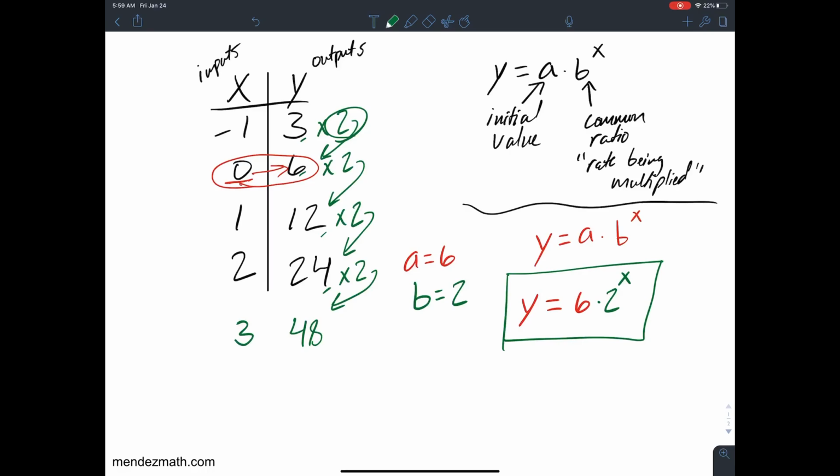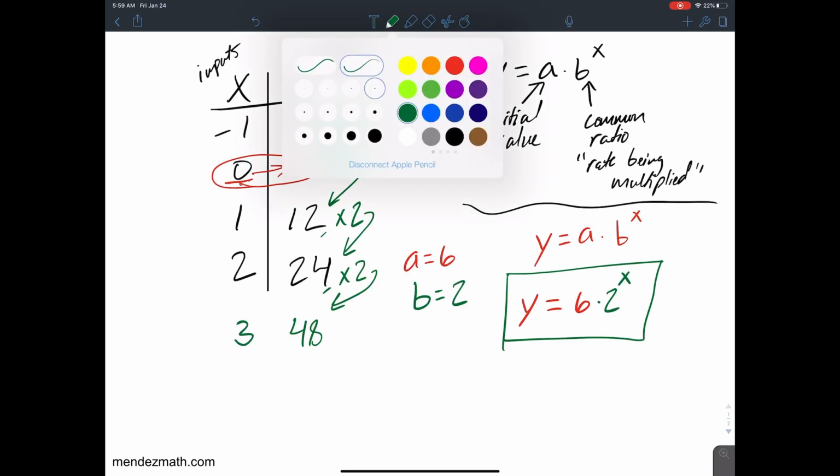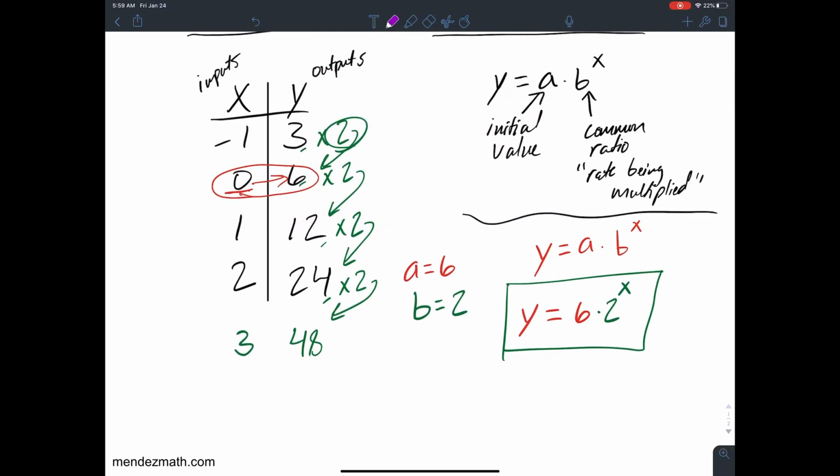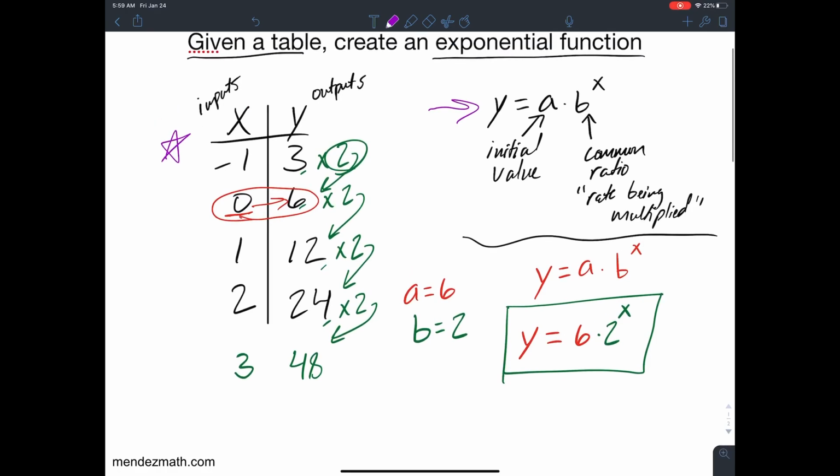So I'm going to go ahead and repeat what I did. We had our table here, right? Our inputs and our outputs. I started by writing the standard form of an exponential function right there. Then I broke down the pieces, right?